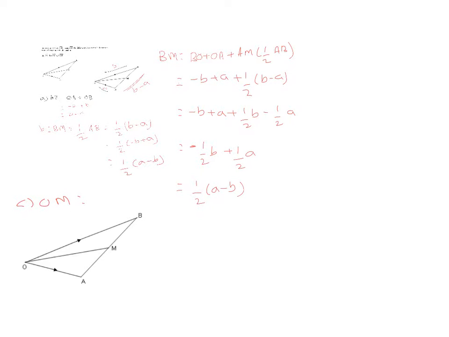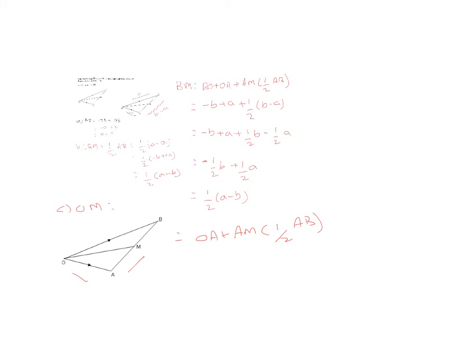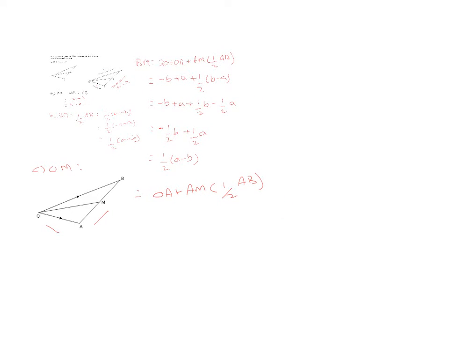To go O to M, we can go from O to A to M. So OM equal to OA plus AM, which is half of AB.